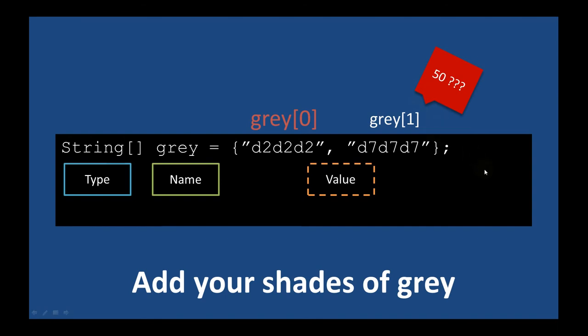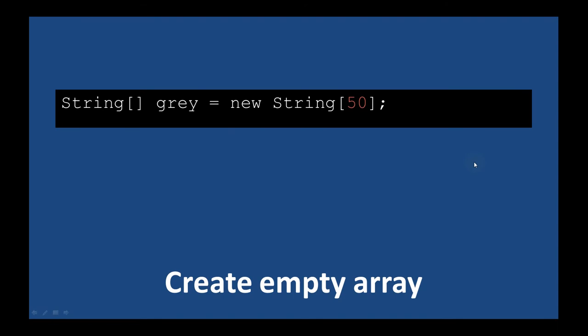So there is another way of doing it, that you create an empty array. The way you do it is you declare an array normally, then equals, then you tell the computer to create a new string array that has 50 elements in it, right? So the number 50 here is the number of elements of that array.